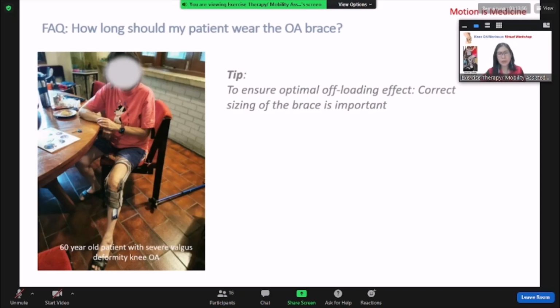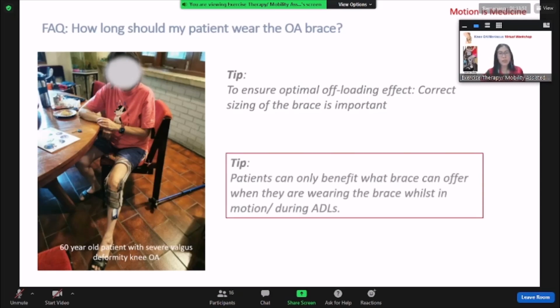And also a very important point that we would like to share with you is that patients can only benefit from what the brace can do when they're wearing the brace during their daily activities or during motion. And this is also clinically supported by Hurley et al.